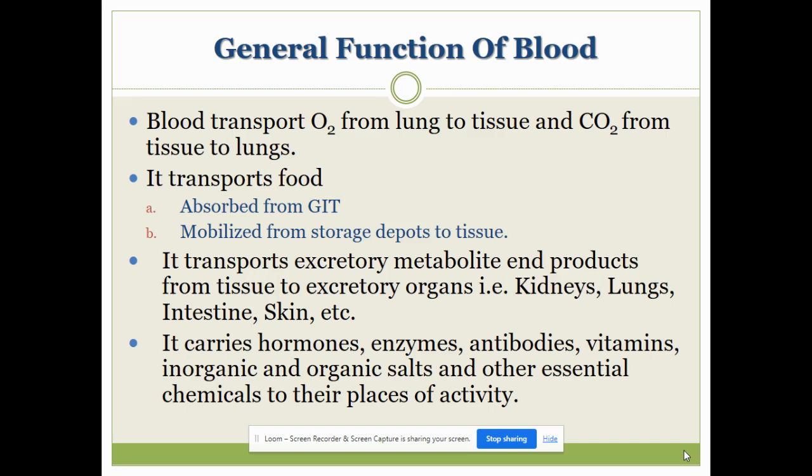Number three, it transports excretory metabolites and products from tissue to the excretory organs like kidneys, lungs, intestines, skin, etc. Blood also carries various hormones, enzymes, antibodies, vitamins, inorganic and organic salts, and other chemicals to their places of activity.